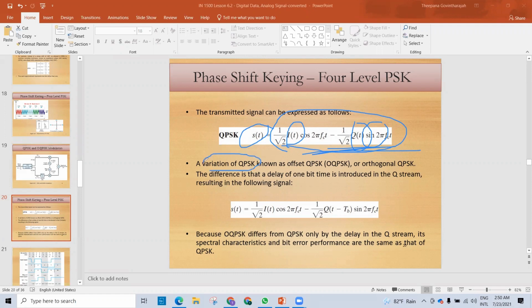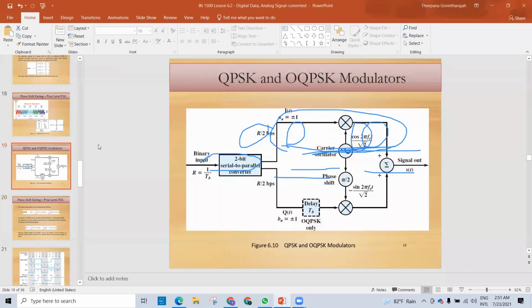A variation of QPSK is known as OQPSK. That is offset QPSK, or we can say orthogonal QPSK. The difference between QPSK and OQPSK is that we are introducing a delay of 1 bit time, that is TB, because we have already seen the data rate is 1 over TB.